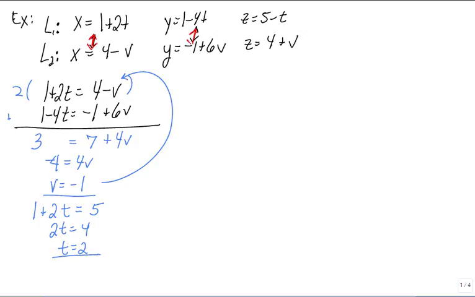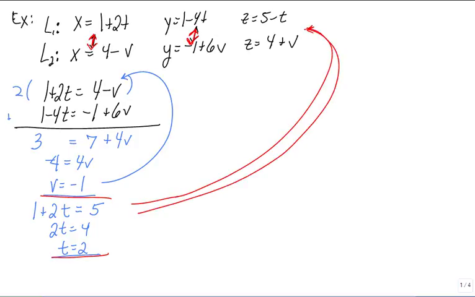We try to find the scalars that satisfy those two, which we did right here. And now we're going to check them in the third equation. So we take these over here and substitute them in and see if they're equal. So is 5 minus t equal to 4 plus v with the scalars we found? t is 2, and v is negative 1, and 3 equals 3, so they are intersecting.